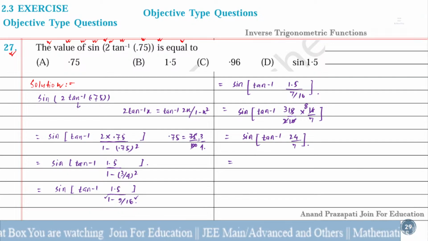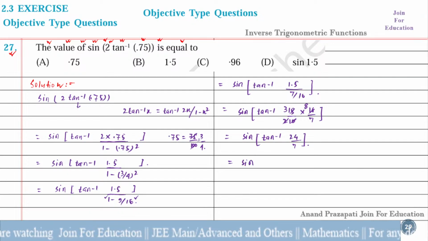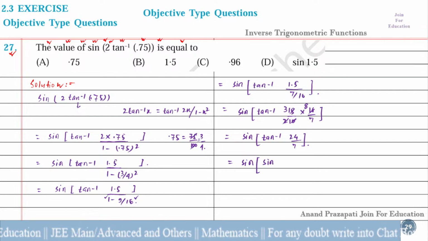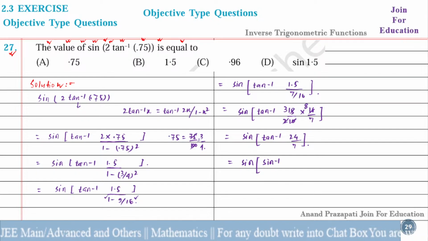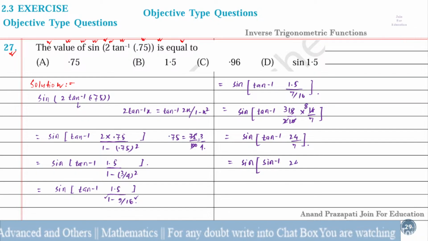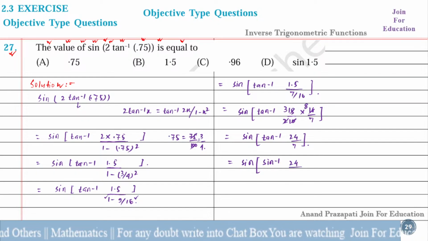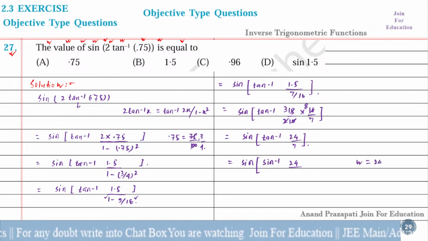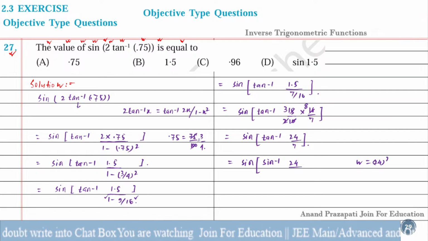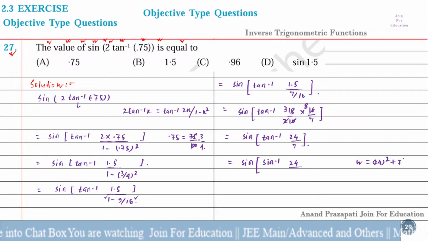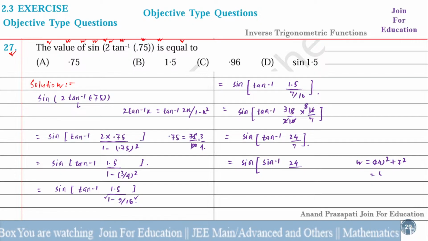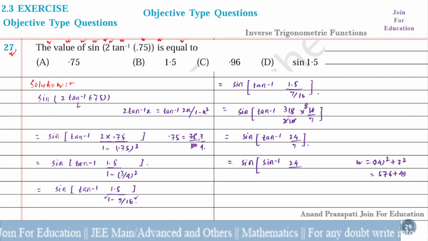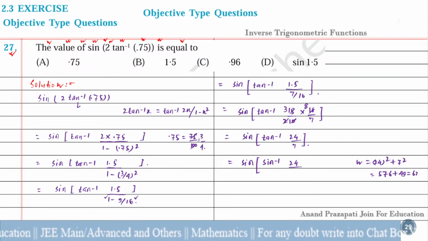Therefore this one will be sin, and we write down here sin inverse p by h. It means that 24 by, here h will be 24 square plus 7 square equal to 576 plus 49 equal to 625.